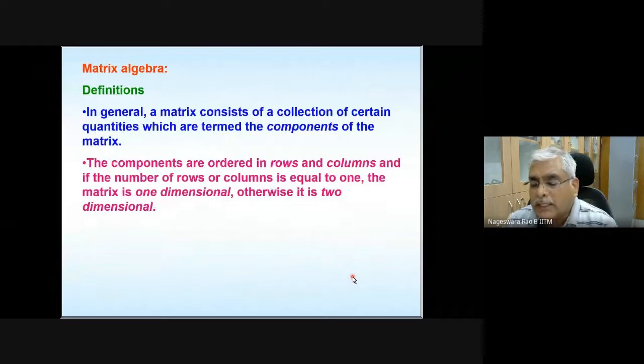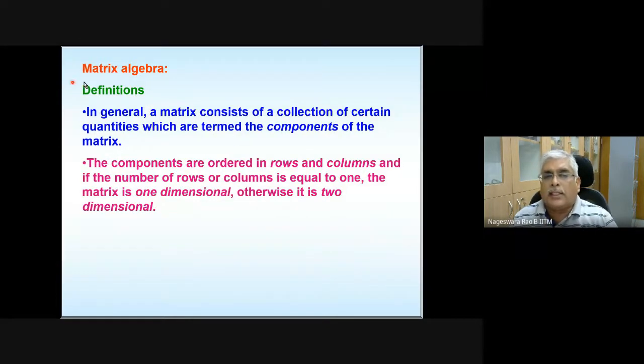So some basic knowledge that you need to refresh: matrix algebra is what you need to just revise. Anyway, I don't need to explain all this, what a matrix is and what it consists of.